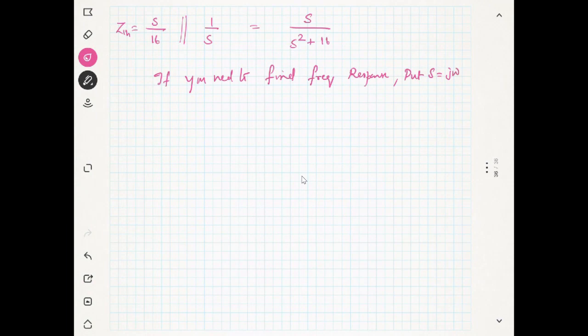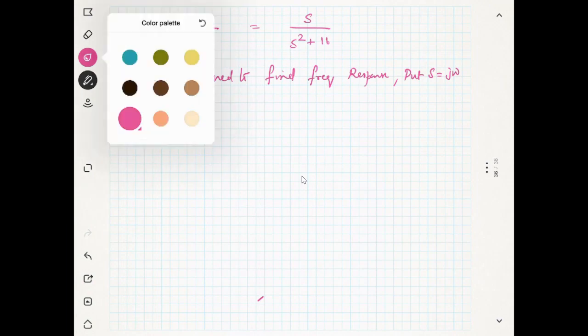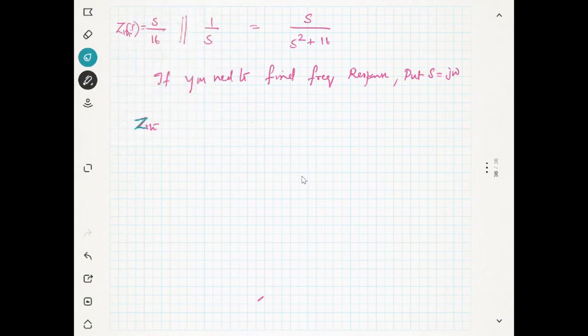This Z Thevenin is a function of S actually. Now we will find Z Thevenin as a function of S equal to j omega. I am putting S equal to j omega, that means Z Thevenin of j omega.